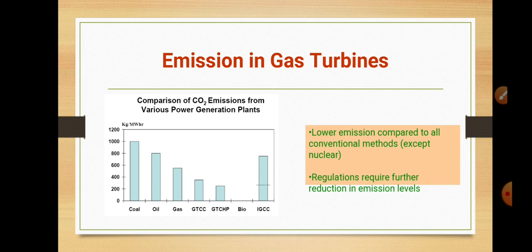We have lower emissions compared to all conventional methods except nuclear. The only thing which can replace gas turbines is nuclear propulsion, but that is much more expensive and complicated in design. So we will be going with gas turbine engines, and the regulations require further reduction in emission levels.